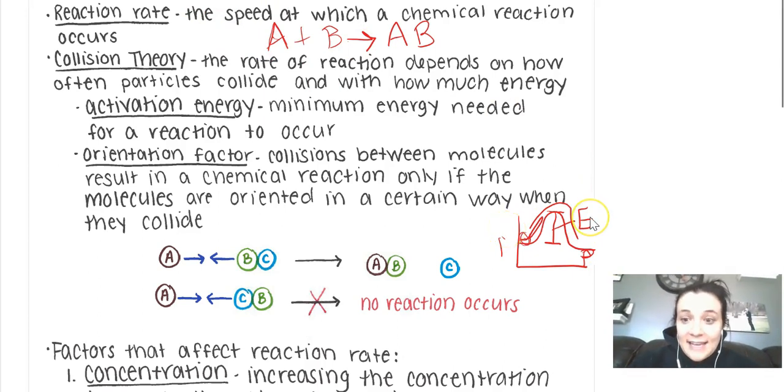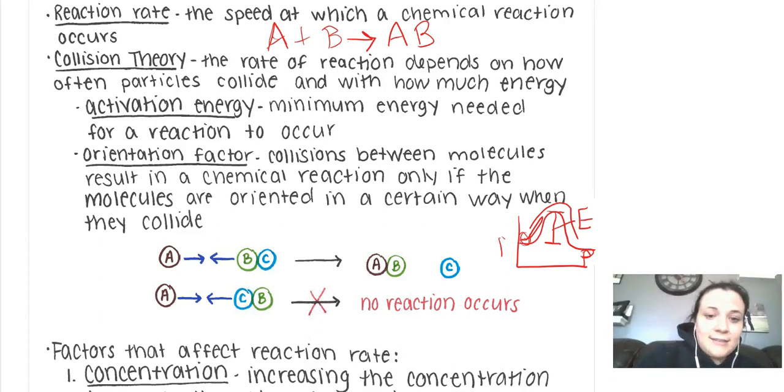All right, the second part of collision theory is called the orientation factor. So collisions between molecules result in a chemical reaction only if the molecules are oriented in a certain way when they collide. So let's look at this reaction below.